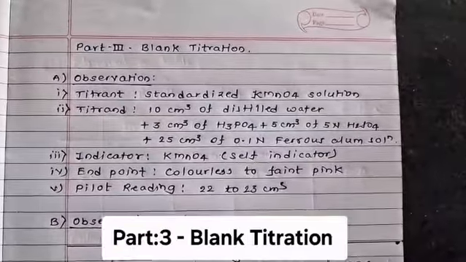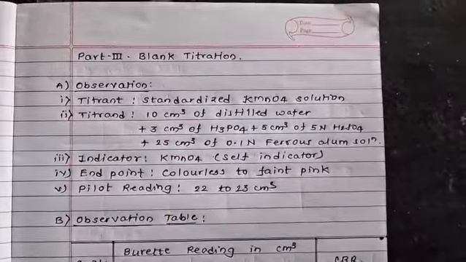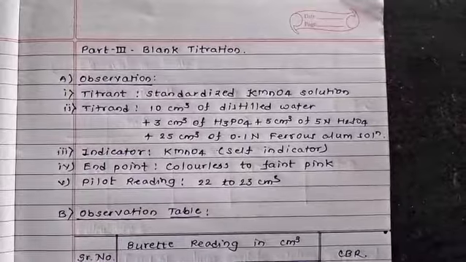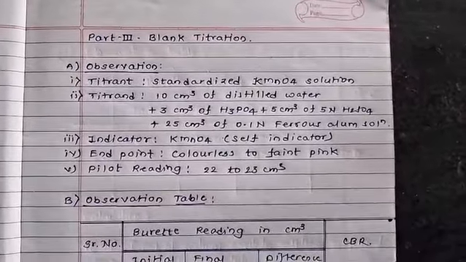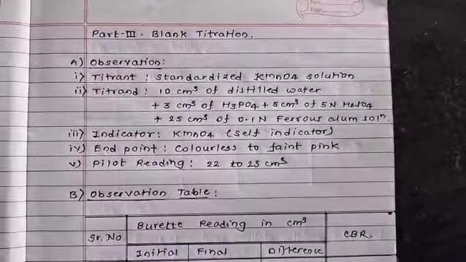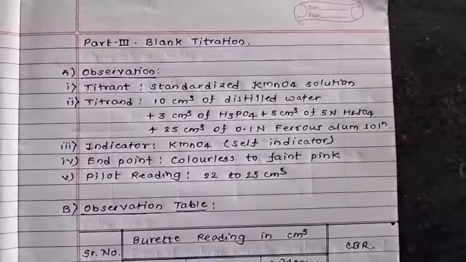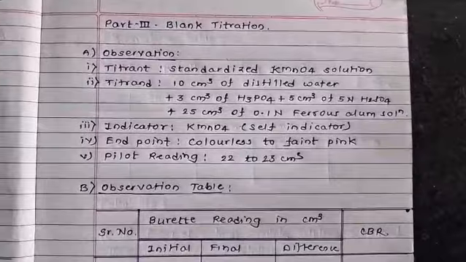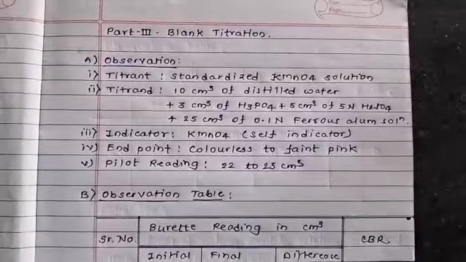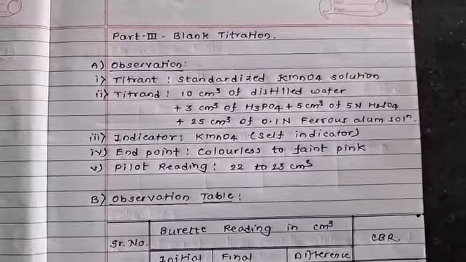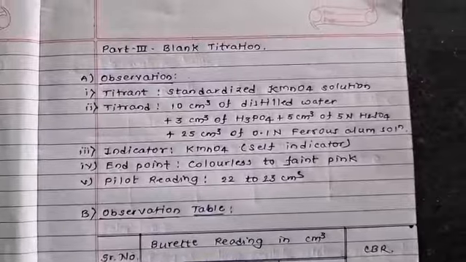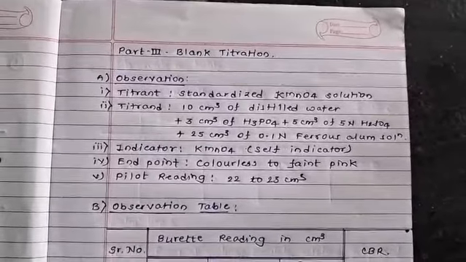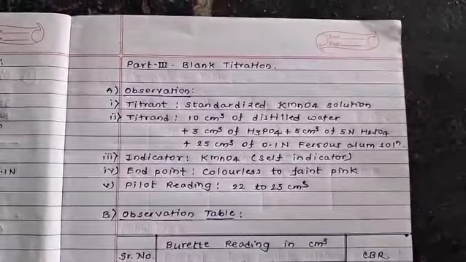Now let's perform the third part, in which we are going to determine how much quantity of ferrous alum we are adding into the solution. In the third part, the burette solution is the same, but the solution in the conical flask is 10 cm³ of distilled water instead of 10 cm³ of sample.